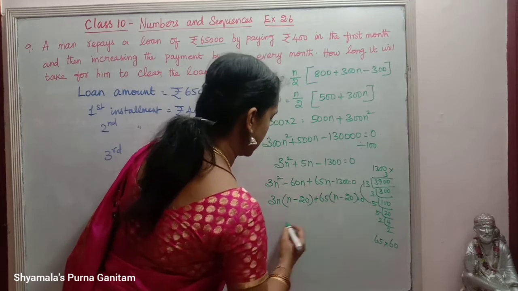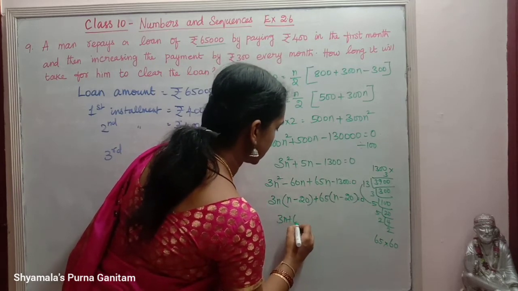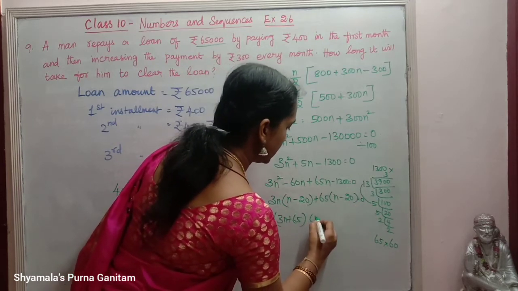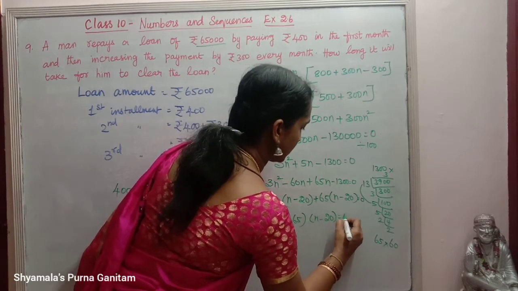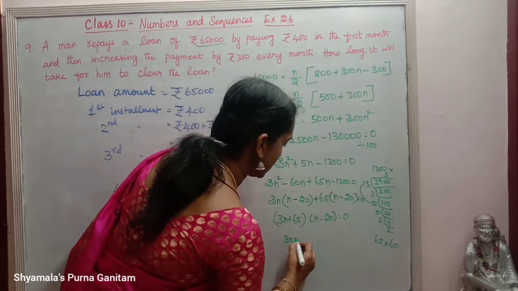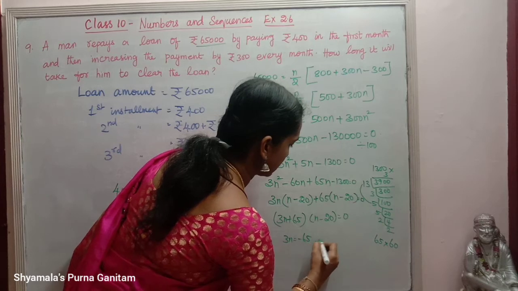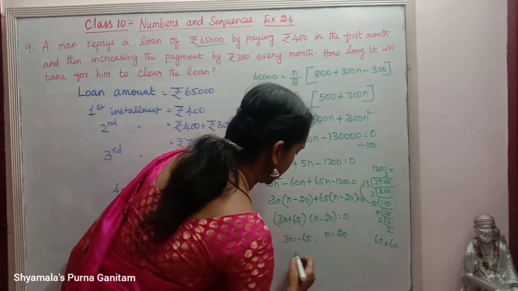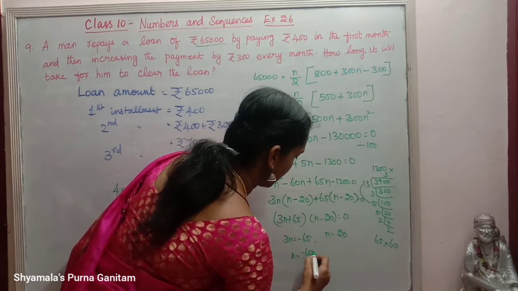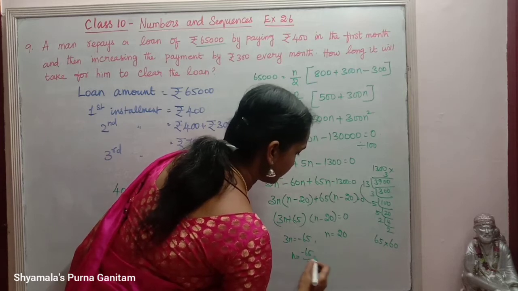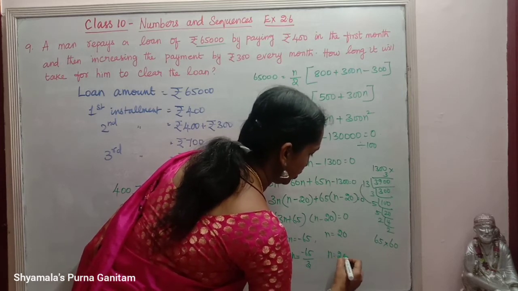This is equal to 0. So (3n plus 65) and (n minus 20) is equal to 0. So 3n is equal to minus 65 and n is equal to 20. So n is equal to minus 65 by 3 and n is equal to 20.